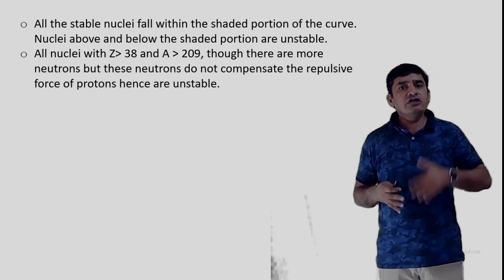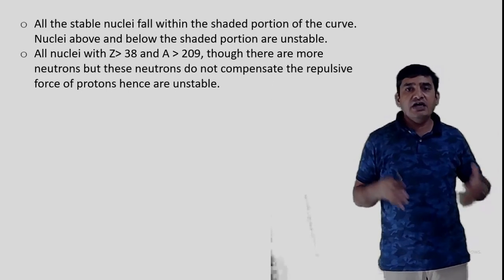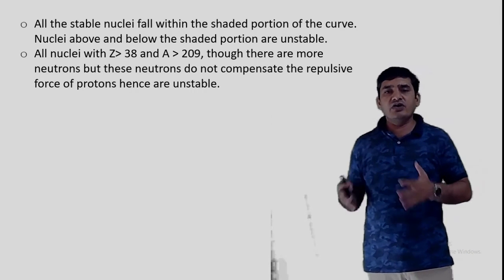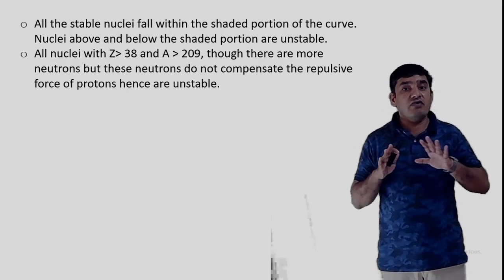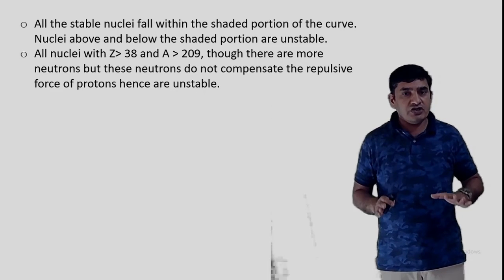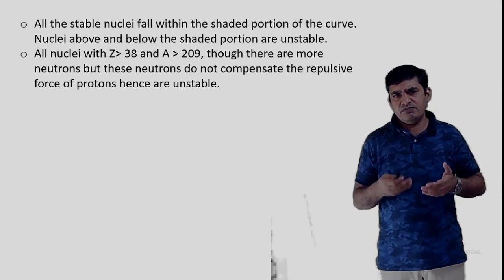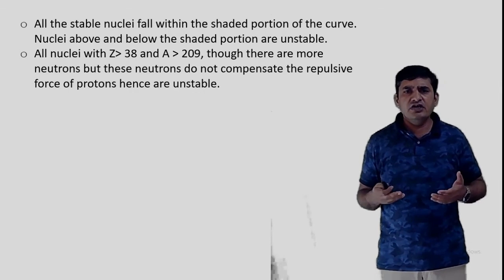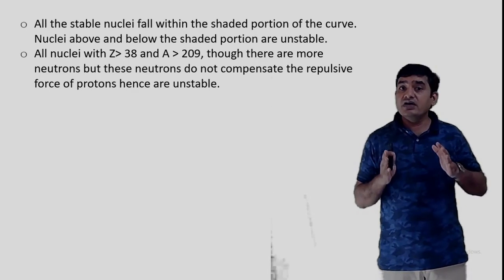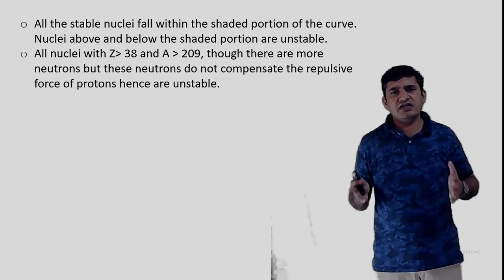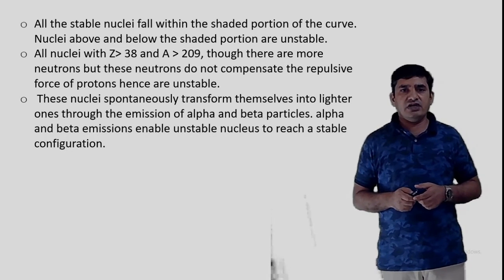But for the nuclei with atomic number greater than 38 and mass number greater than 209, this assumption is not valid, because after the mass number greater than 209, there are unstable nuclei. These are the heavier nuclei, which are unstable nuclei.